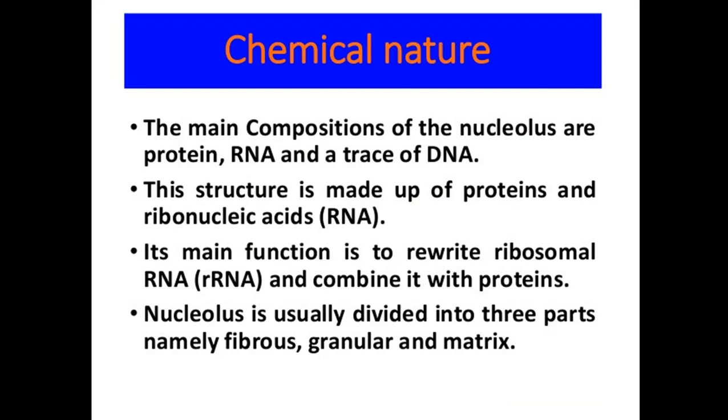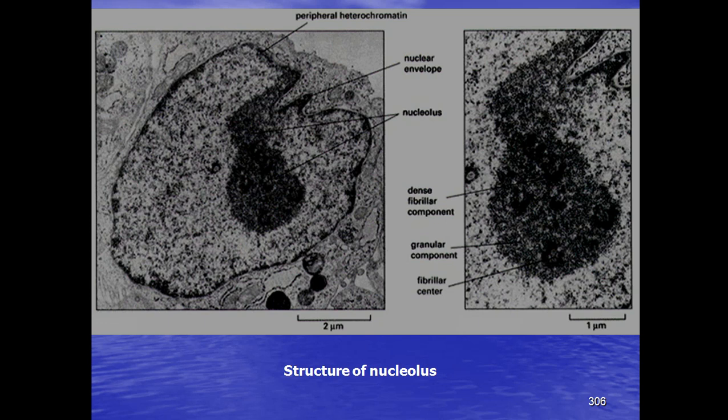The nucleolus is generally divided into three parts: fibrous, granular, and matrix, which you can clearly see. Here is the granular component, this is the fibrillar component, and this is the matrix.